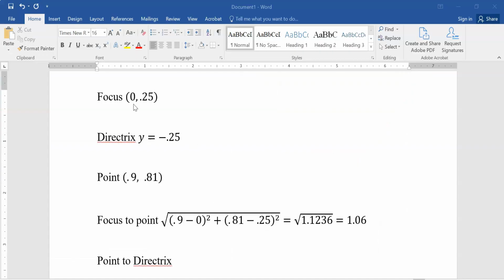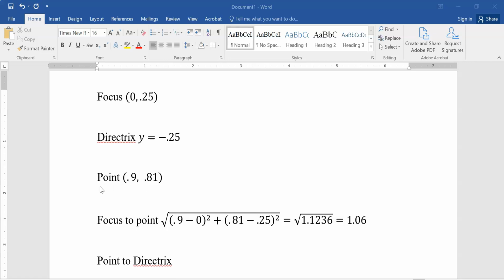Let's look at that algebraically real quick. The focus is the point (0, 1/4), and I'm going to do this in decimals, so (0, 0.25). The directrix we said is the line y equals -1/4, or -0.25. The point that I was talking about is (0.9, 0.81).